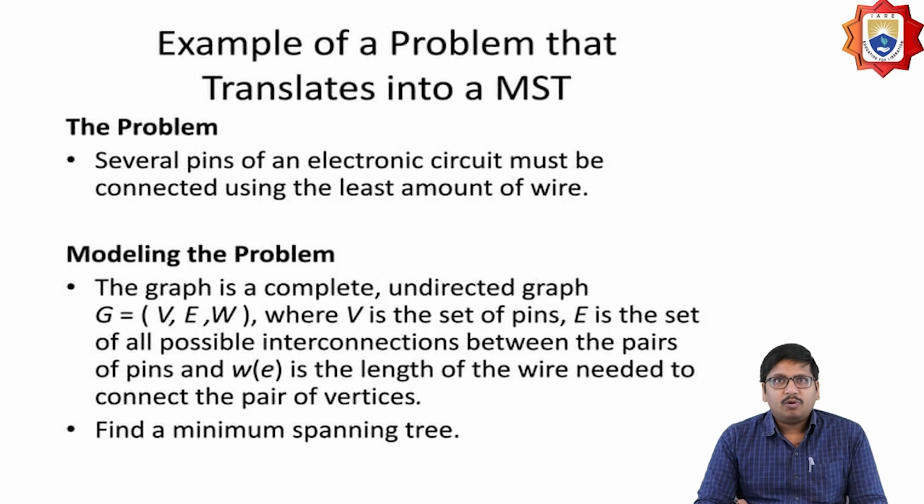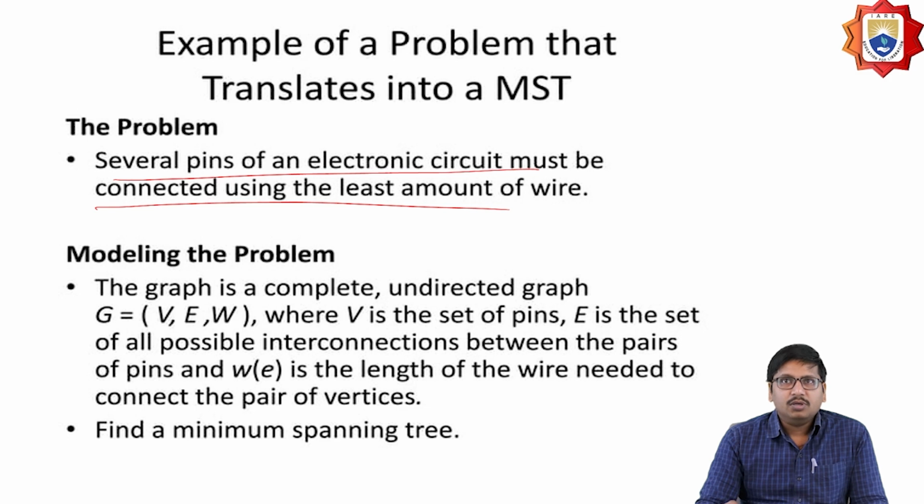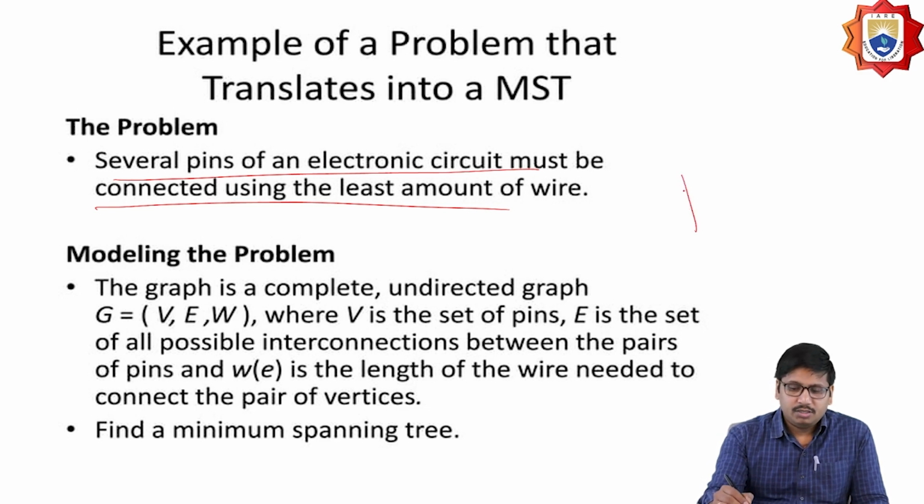An example of a problem that a minimum spanning tree is going to answer: suppose several pins of electronic circuits must be connected using the least amount of wire. So several pins of this electrical circuit board are available, and I have to connect all these pins.